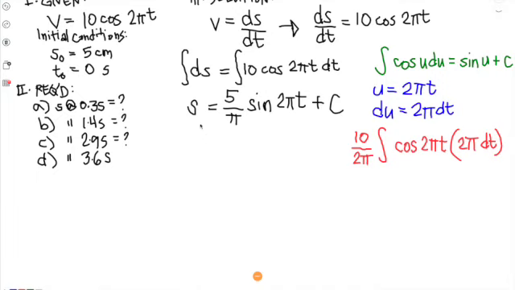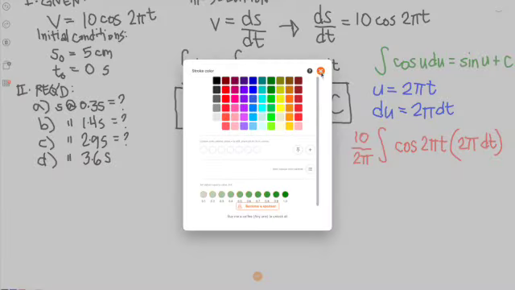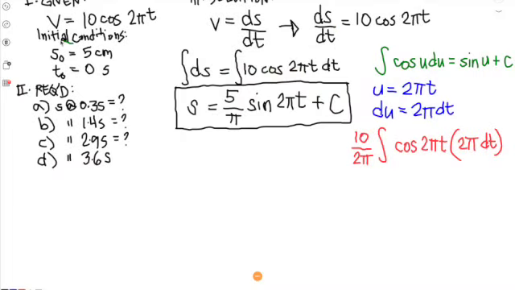This one here would be our complete or general solution, but what we need is the particular solution, and we can do that by plugging in our initial conditions, these two here.